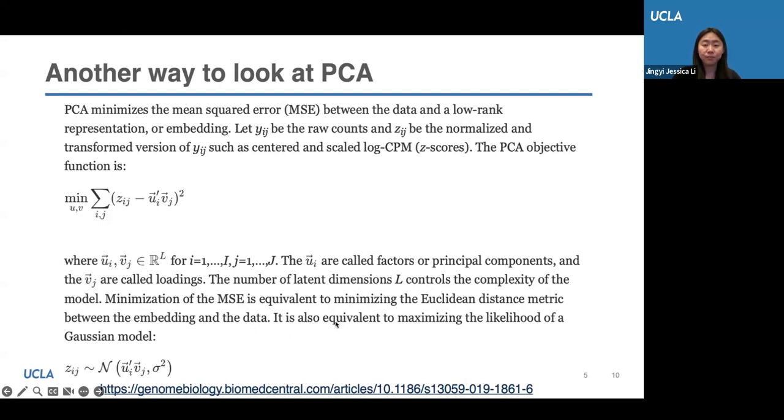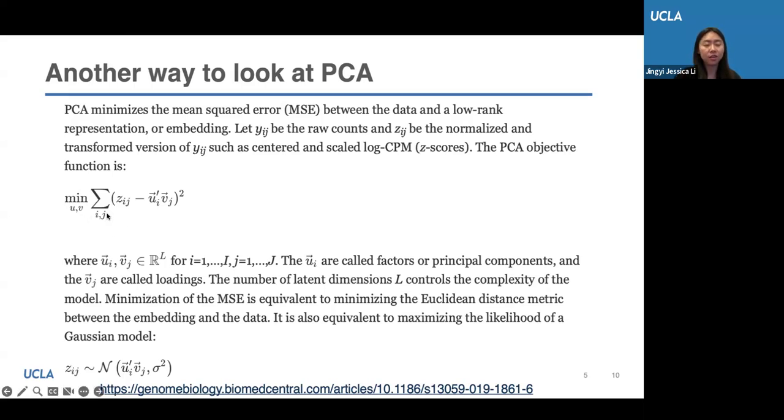It is also equivalent to maximizing the likelihood of a Gaussian model. I want to add one more thing. It is also equivalent to maximizing the variance in the first PC, and the following variance in the second PC, and so on. So these are all equivalent, and I think that is the mathematical elegance of PCA.